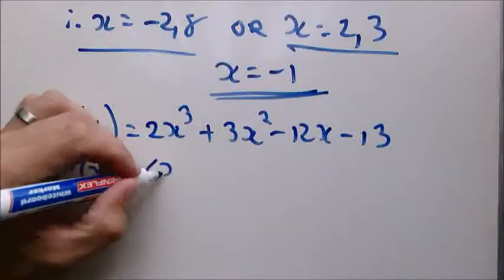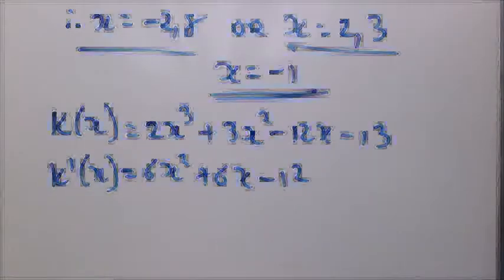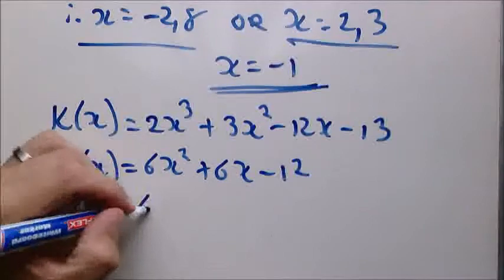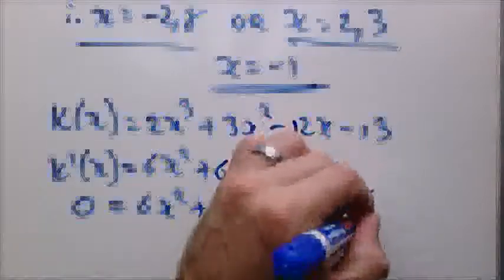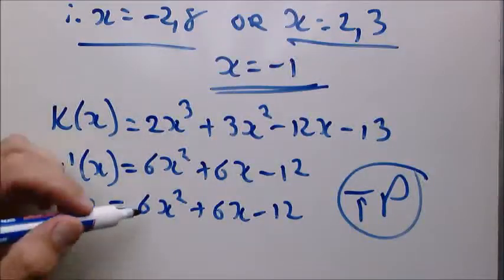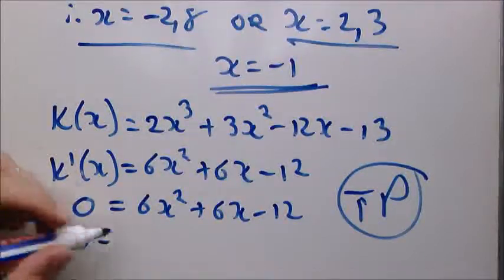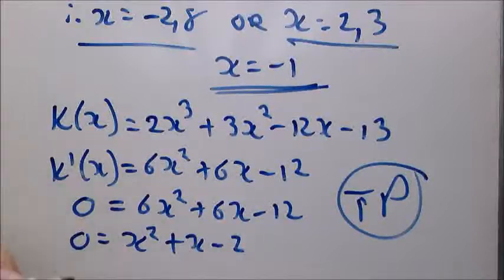It's equal to 6x squared plus 6x minus 12. And we want this to be equal to 0 for the turning point, right? So this is for the turning point. I'm just going to say TP here, you know what we're doing. Then I can divide by 6. So 0 equals x squared plus x minus 2.